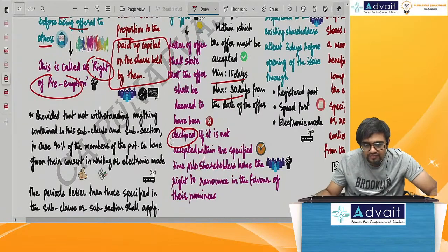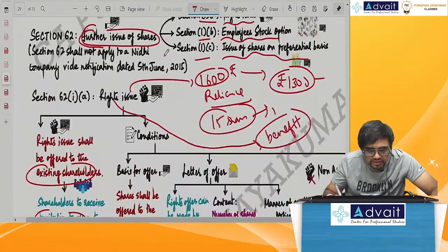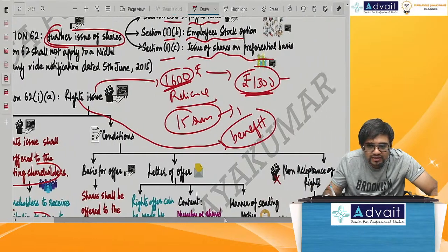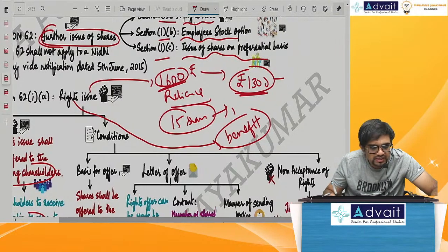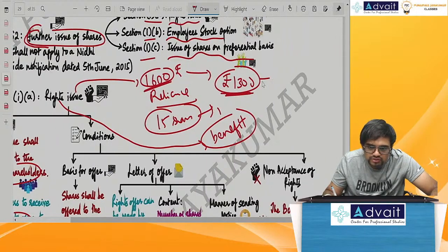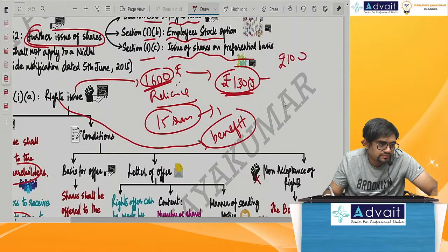Now let us say I have a right, for example, to 1,600 worth of shares that I got at 1,300. Can the shareholder now sell this right? Definitely he can sell this right to somebody else. Between 1,300 and 1,600, he can sell this right, let's say, for 100 rupees to somebody.